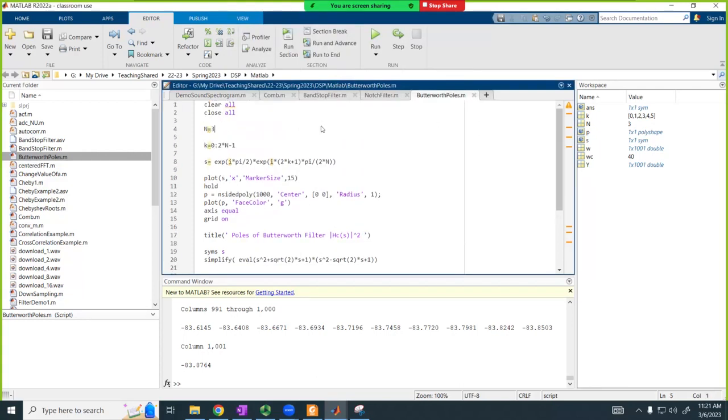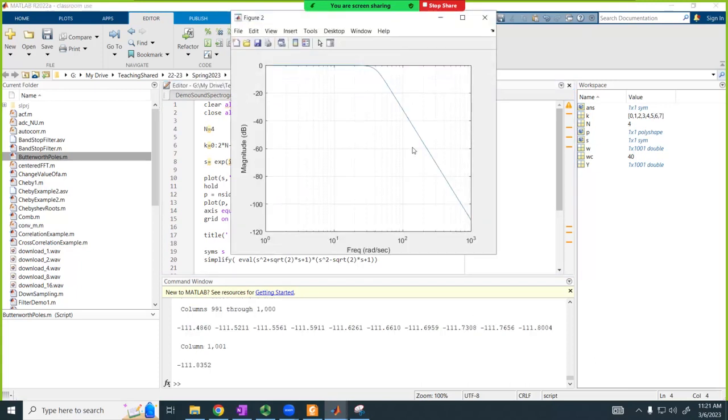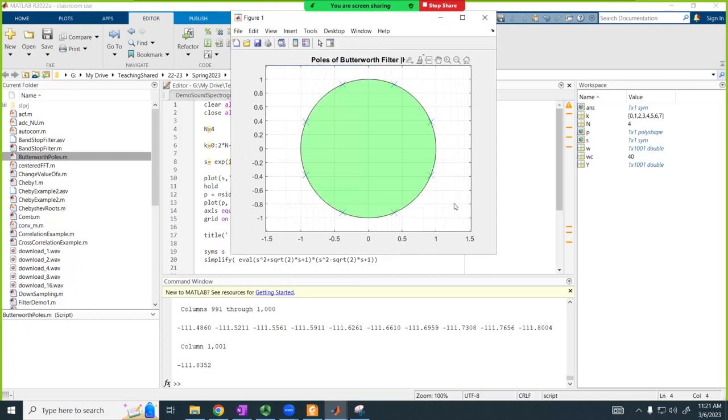And here is when n is equal to 4. Yes, the pi over 4 is the angle between these two to the origin.